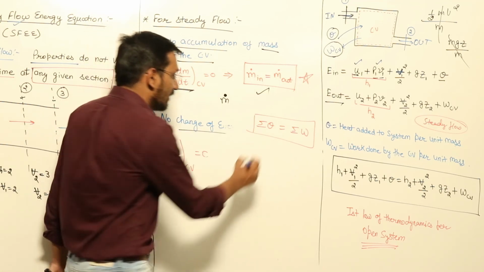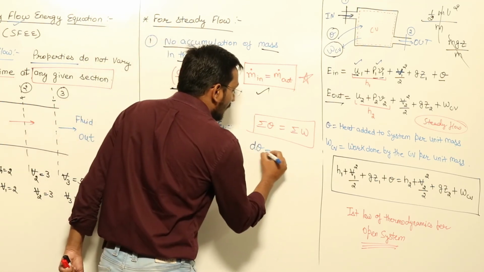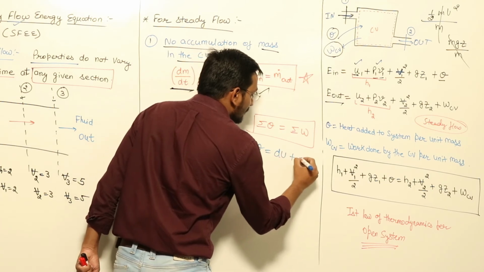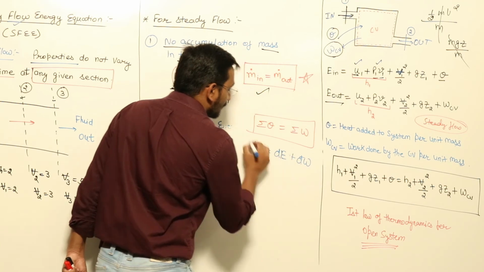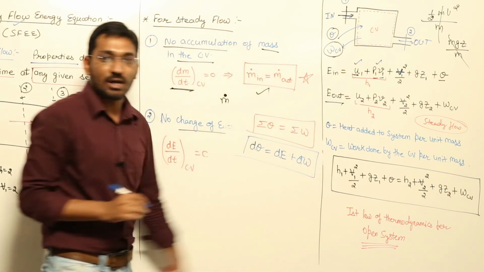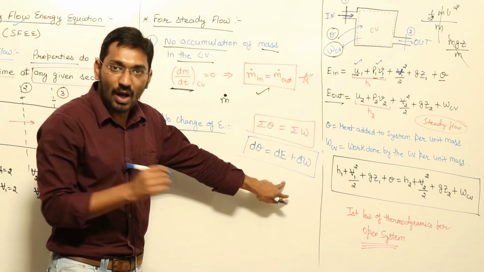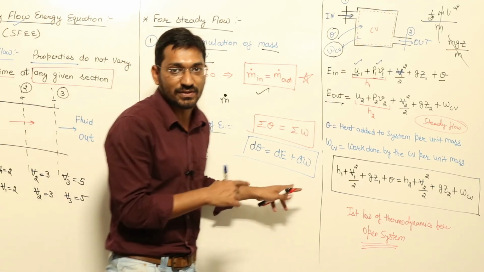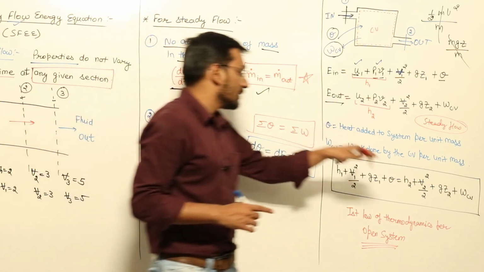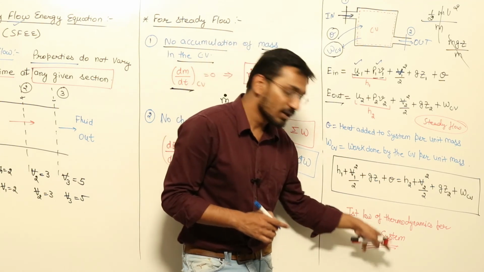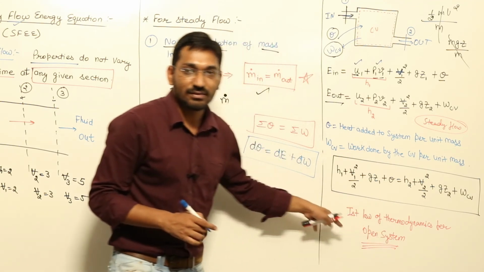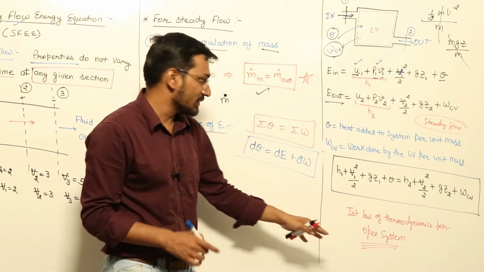After that we studied that dq is equal to du plus dw or dE plus dw. This is the first law of thermodynamics for a process in a closed system, and now this is the first law of thermodynamics for an open system, for a process.